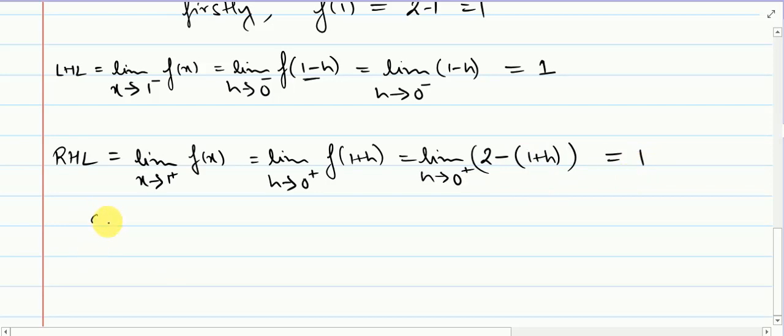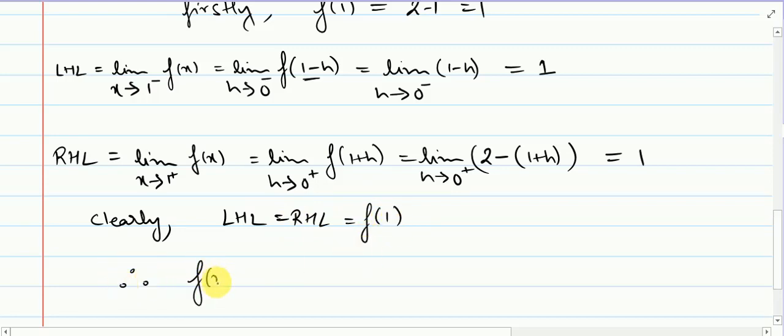So clearly your left hand limit is equal to right hand limit, that is also equal to the functional value. Therefore f of x is continuous at x equal to 1. So here we proved that this function is continuous at x equal to 0 as well as x equal to 1.